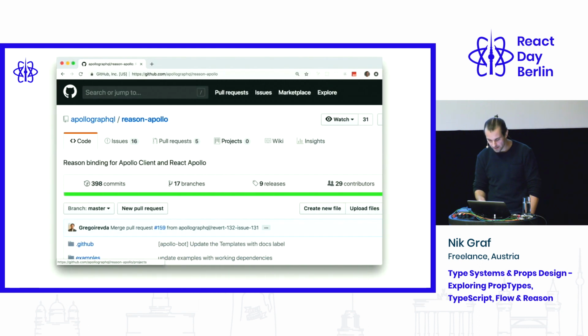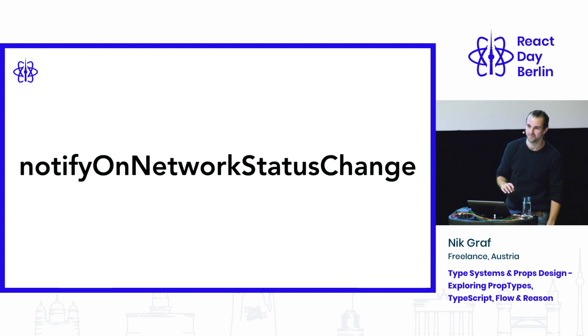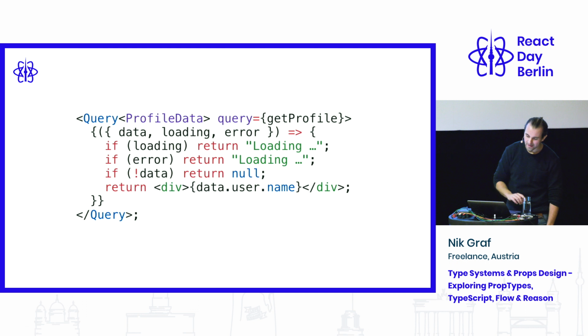I told you there's an edge case. So why did they do this design? There's a property on the React Apollo query that says notify on network status change. If you have this property set to true, then on the first load, loading is true, error is false and there's no data, and then you load the result.